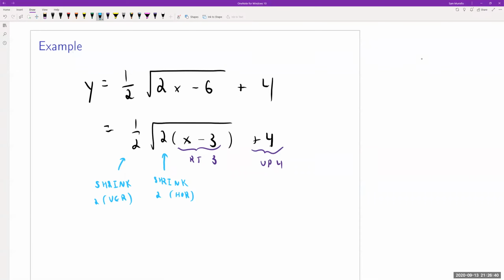Again, recall that the part done vertically applies the way we expect it might, where a fraction indicates a shrink, whereas the part applied to x applies the opposite, where a whole number implies a shrink. Therefore, the first thing we'll do is we will apply the stretching and shrinking, and then we will apply the shifting.